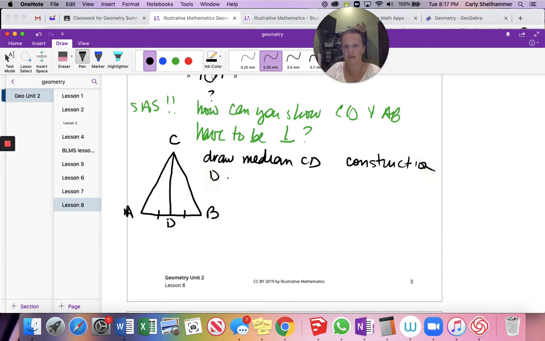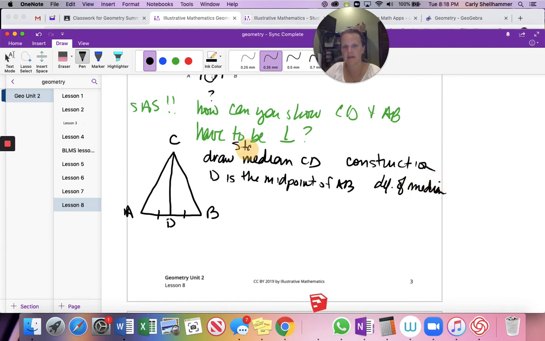Now we know D is the midpoint of AB because it's the definition of median. And again, here are my statements and here are my reasons. It's a two-column proof.